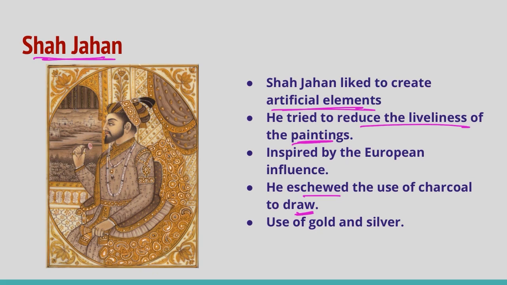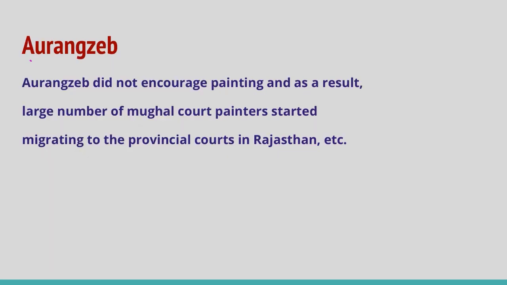Shah Jahan also liked bright color palettes as compared to his forefathers. Hence, we can say that the Mughal atelier, which means a studio, was enlarged during his reign, but it changed a lot in the style as well as in the technique.